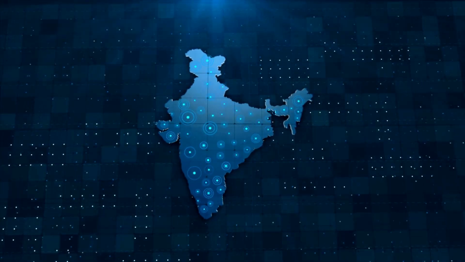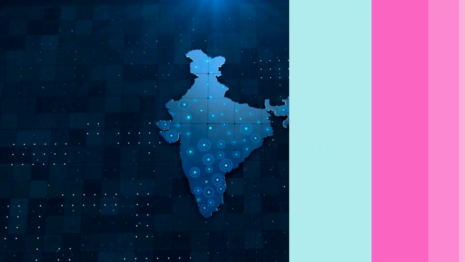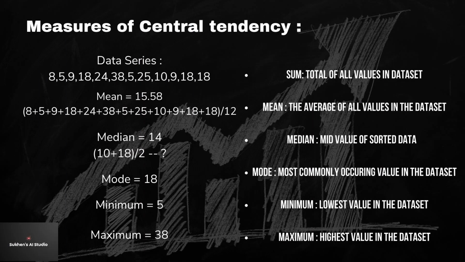In descriptive stats, people often talk about mean, median and mode for describing data. Let's see this example. We have a data series of 12 data points: 8, 5, 9, 18, 24, 38, 5, 25, 10, 9, 18, 18.